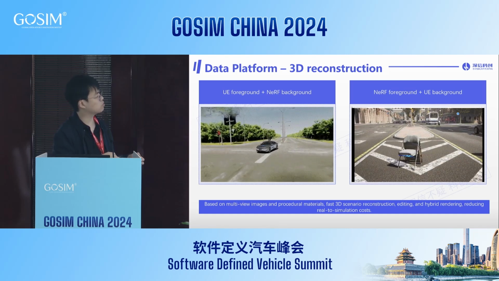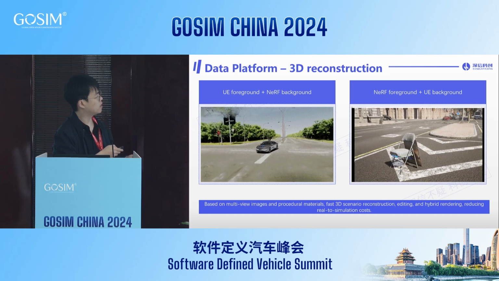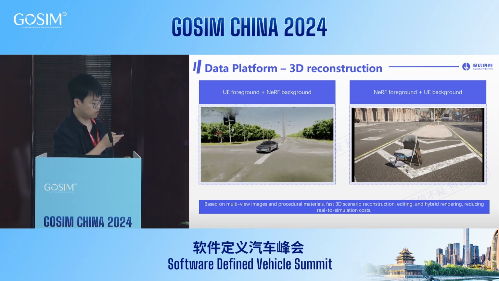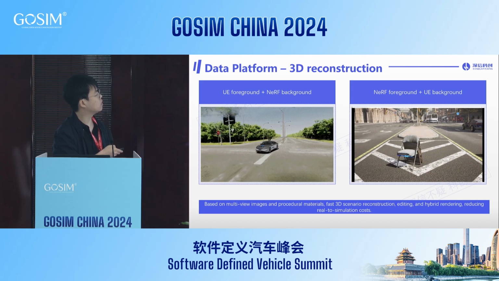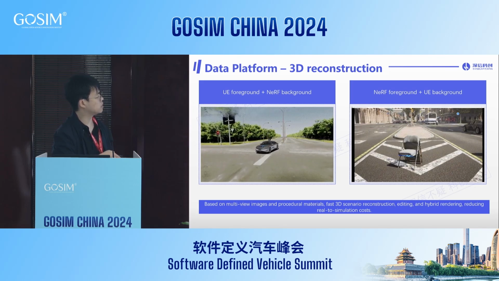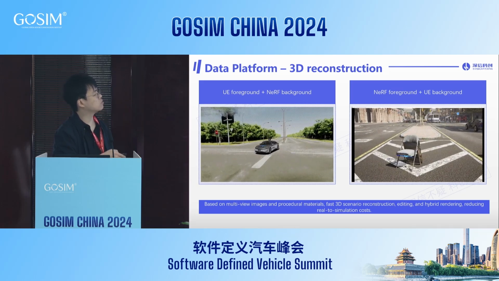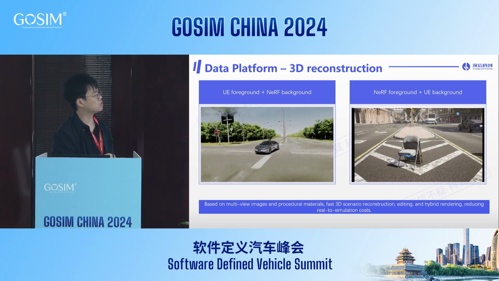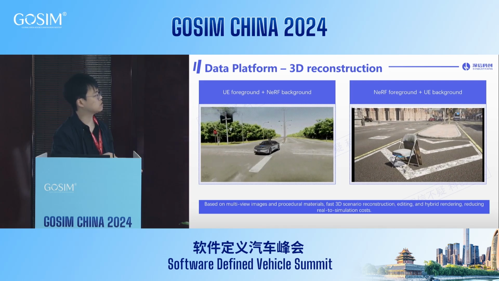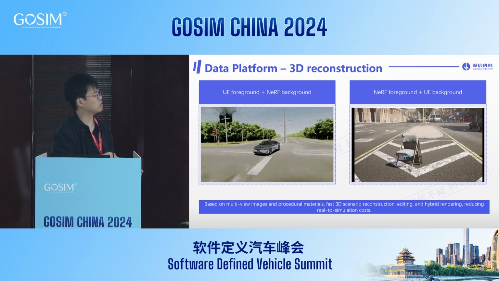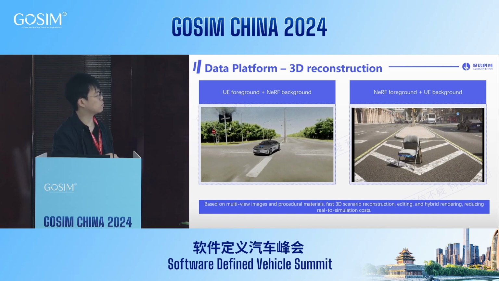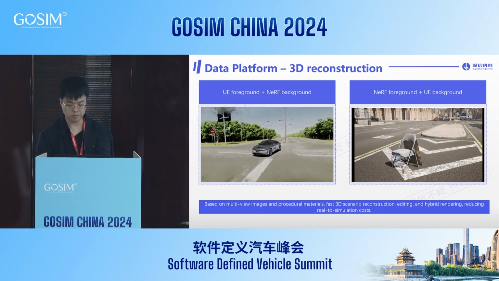Here I'm showing two simple methods of hybrid rendering: a NeRF-based background, for example, and in the foreground we simply use 3D assets built, for example, in the Unreal environment. These can be mixed and matched. Or we can use NeRF to reconstruct objects, obstacles, vehicles, and then put these assets into a game environment, which serves as the background. So there are different ways of mix and matching and hybrid rendering in the game engine environment.